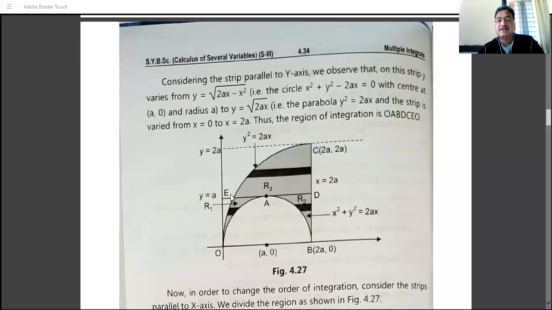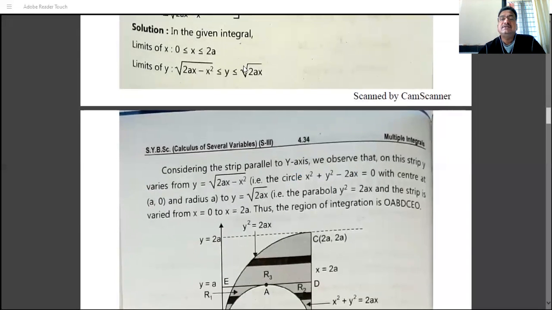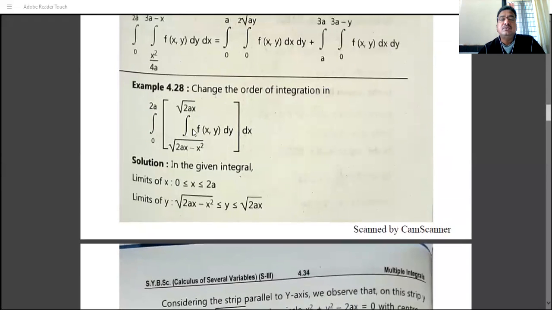So first draw that circle. This is the circle. (a,0) is at this point, and suppose this is (2a,0). Then this is the circle having radius a and center (a,0). So this is the figure of y is equal to root of 2ax minus x square.